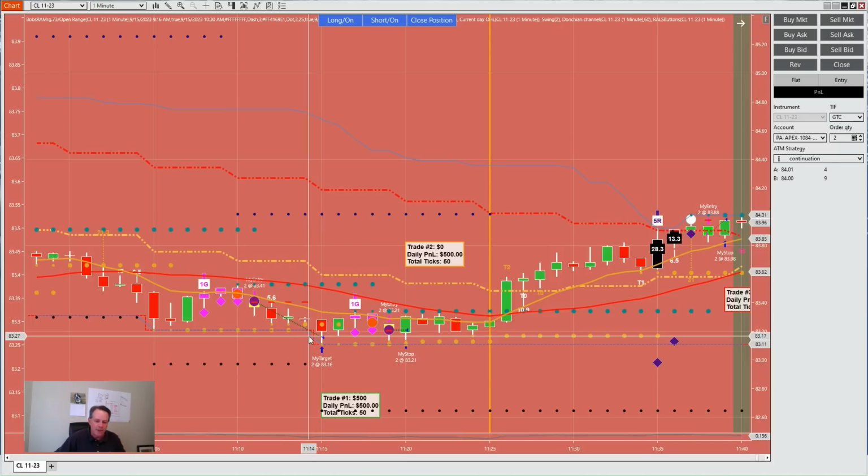It went through by 4 ticks, so we gave up some money there. But we gained 5 ticks on 2 contracts, which is $100 more than the standard I've normally been using, which is 20 ticks. This is what having this bot that can backtest and forward test stuff for me is going to help me with.